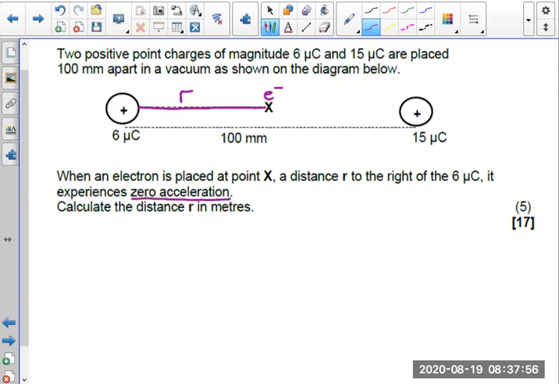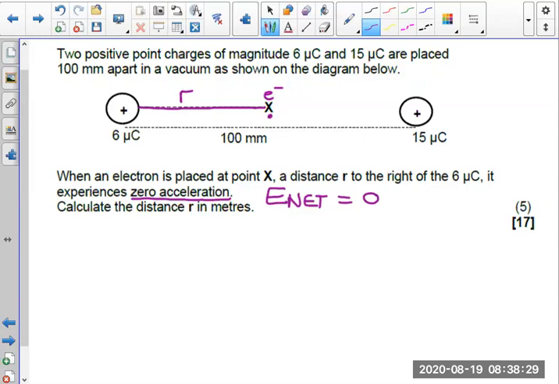Now, what we're going to do here is, we can say that it is going to stand there, but if we use an electric field to work this out, we can actually work out the R. So if it's zero acceleration, then we can say E net, which is the electric field, is going to be zero. It will not have any acceleration. This thing is going to stand still. So the net field is going to be zero at the end.